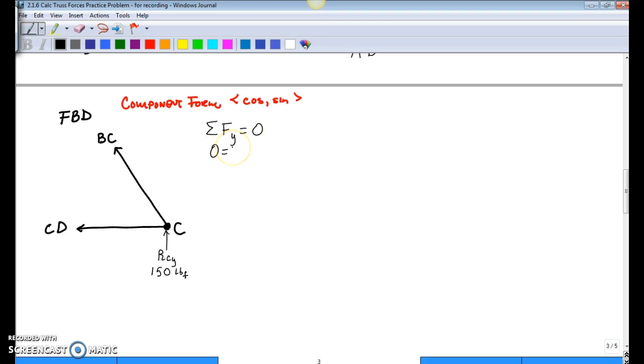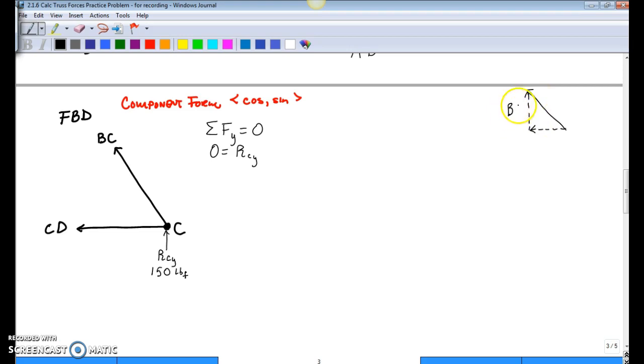We're going to say 0 is equal to, well, the only forces we have in the Y direction are the reaction force of C in the Y direction, and then some portion of BC, the force of member BC. I'm going to break BC into its components, and it's going to point up and to the left.